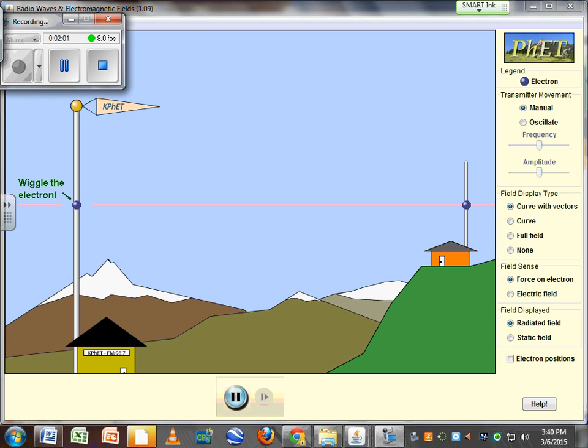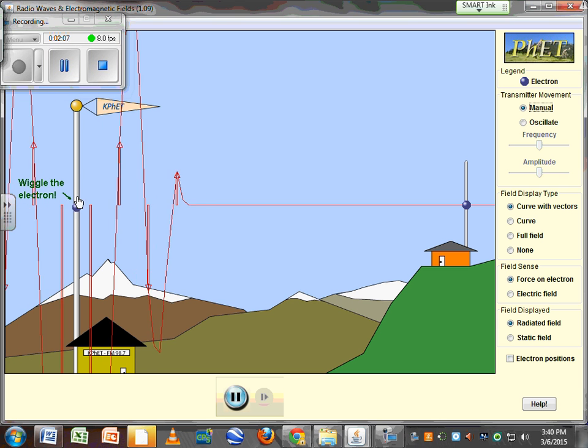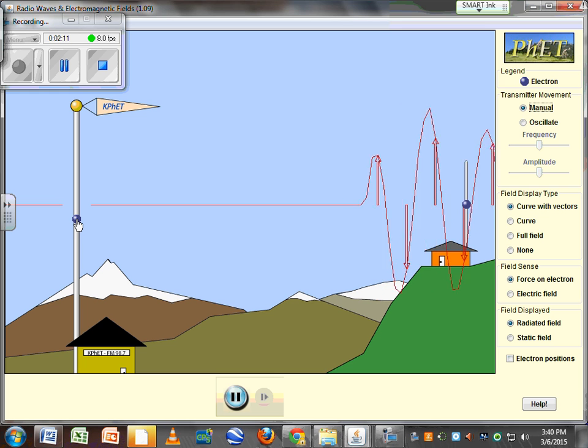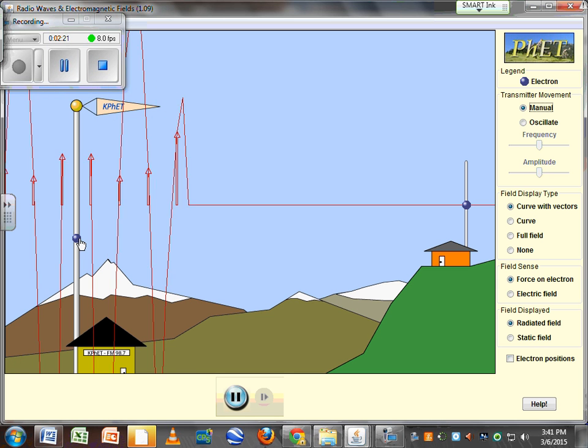Here's a situation where we can have an electromagnetic wave. We have this transmitter, this radio station, that can move the charged particles on its antenna, and it would send out an electromagnetic wave. And if you watch the electron on the receiver where the house is, where they have the antenna, that electron will start moving up and down at the same frequency.